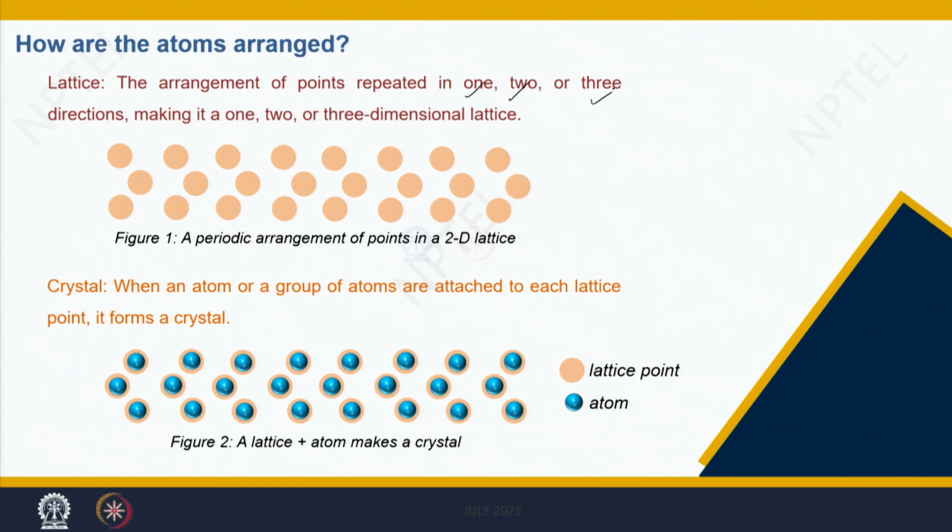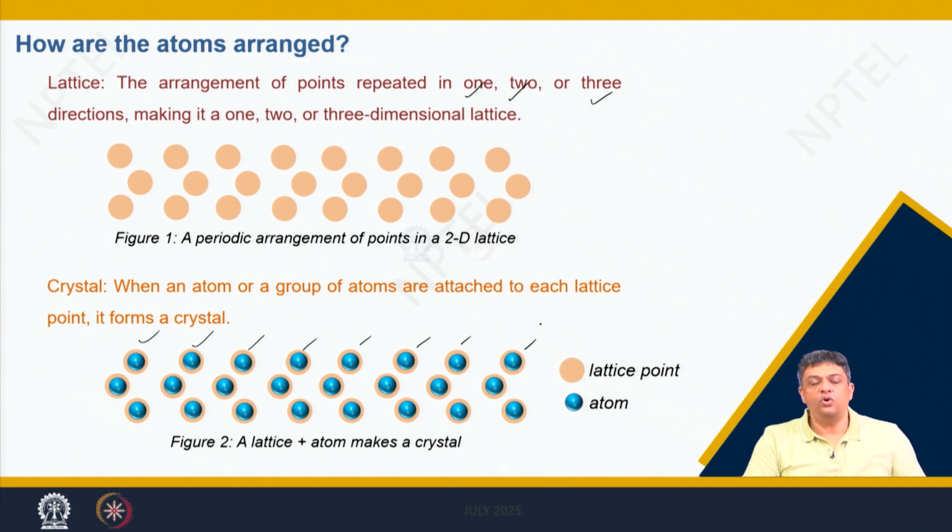It is not that one atom has to be placed; you can actually put a group of atoms at each point. So, you do not have to put only one atom, but you can put a group of atoms and then repeat those groups of atoms at different lattice points.